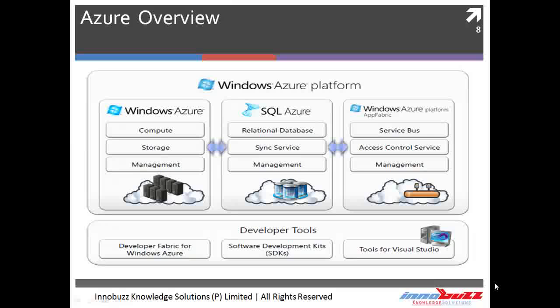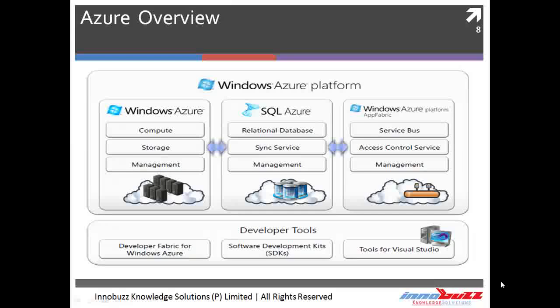With SQL Azure, you have relational database, sync services and management, and with the App Fabric you have service bus, access control service and management. Of course, it's a lot of things all in one slide, but I will walk you through each and every one and we'll try to understand how it goes.